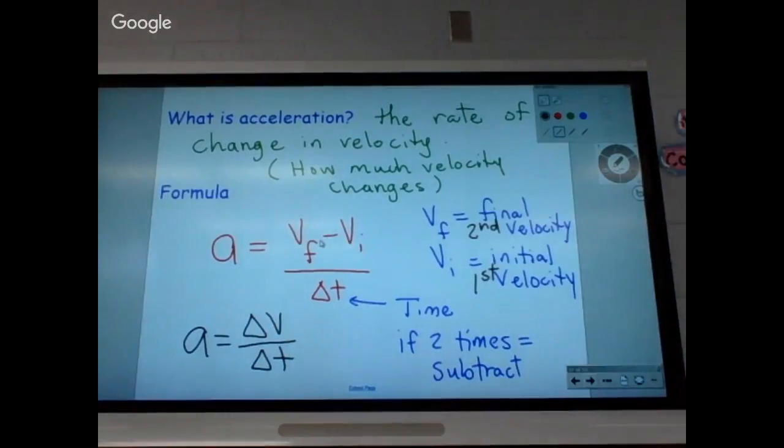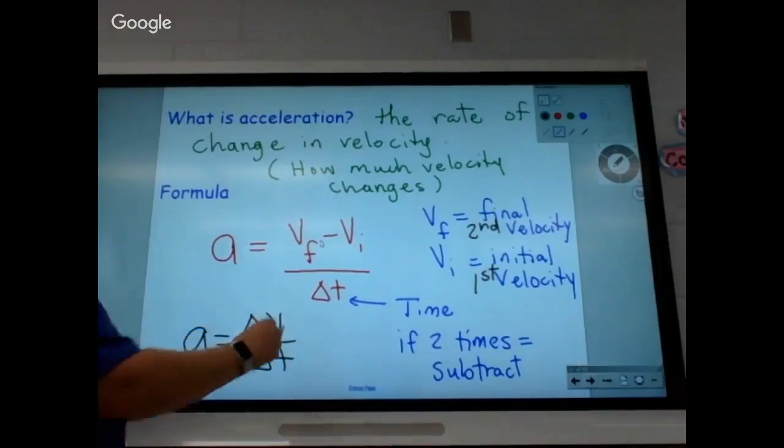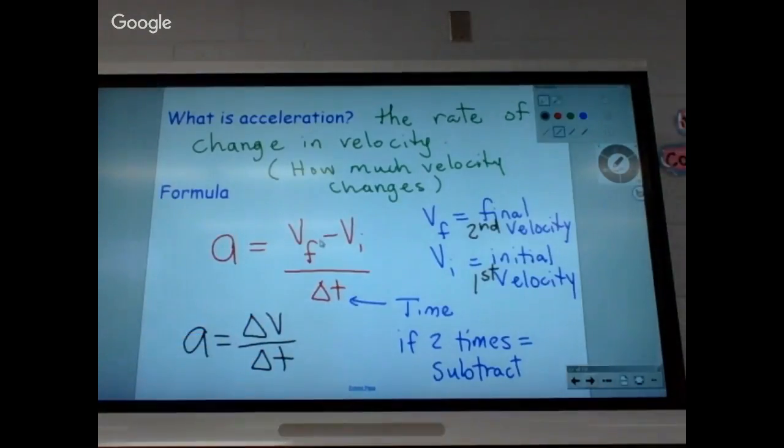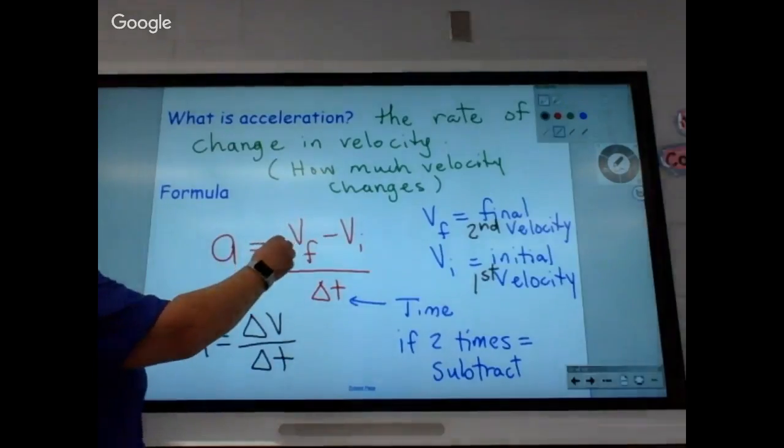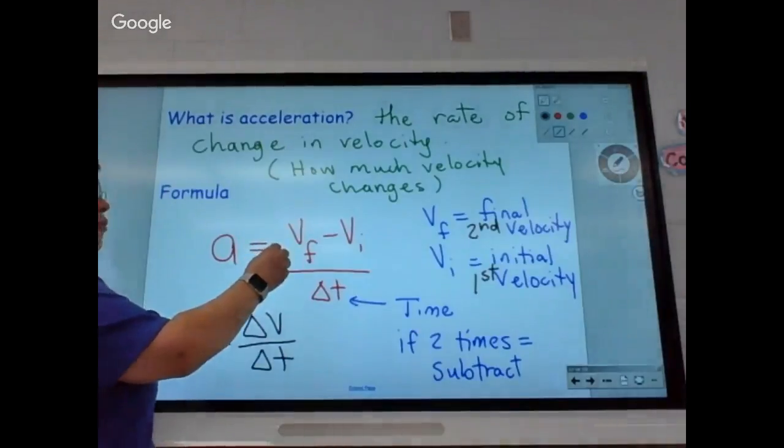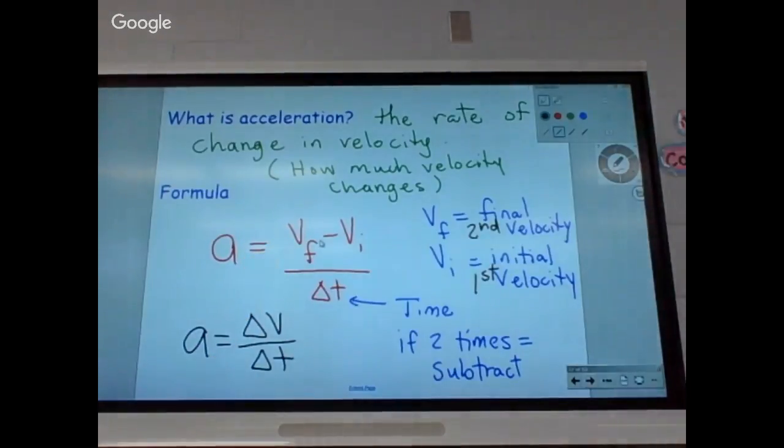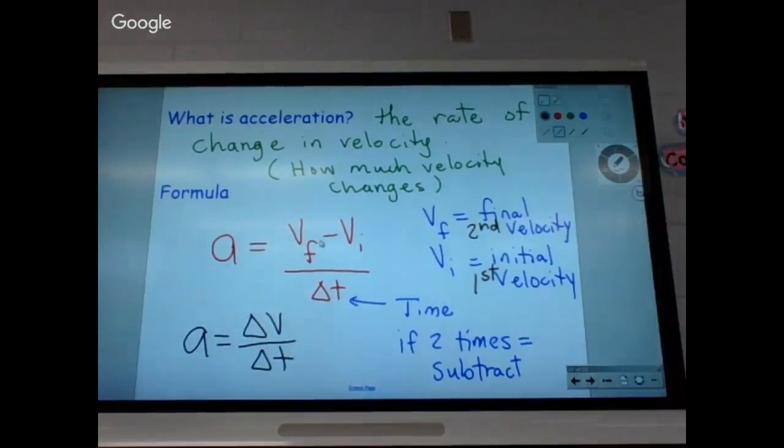Why would I have written that? Because if you had two velocities, what have we learned yesterday and today we would do? Subtract them. But if we only had one velocity, what would we do? We would just plug in. But this, people see this and they think we have to do what? You always have to subtract, but you won't always have two velocities.